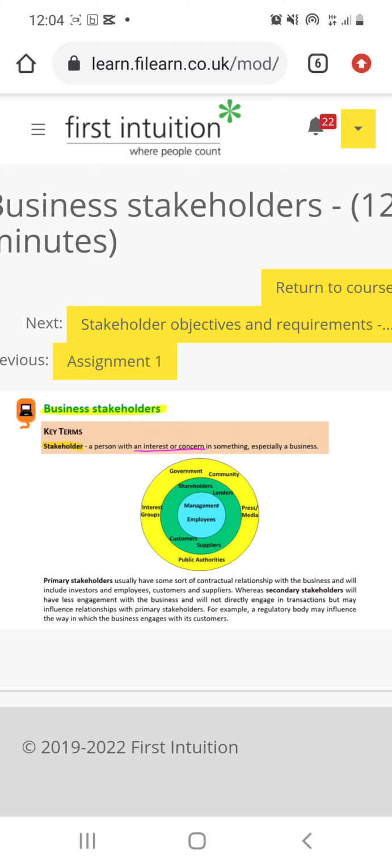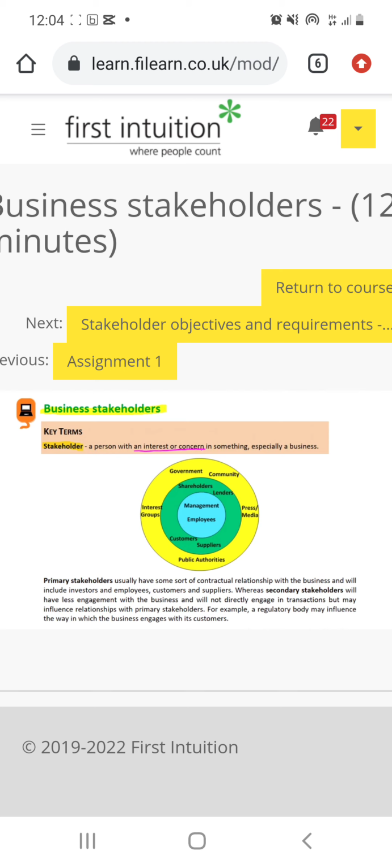In the blue section in the middle, these are our internal stakeholders, and these consist of the employees and the management, and they're bound to the business via a contract. In the green section, we have some connected stakeholders, our shareholders, who are also known as members, who invest in the company in return for shares.